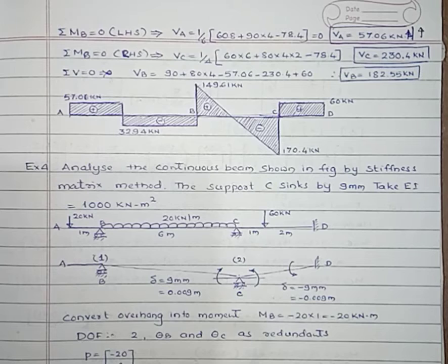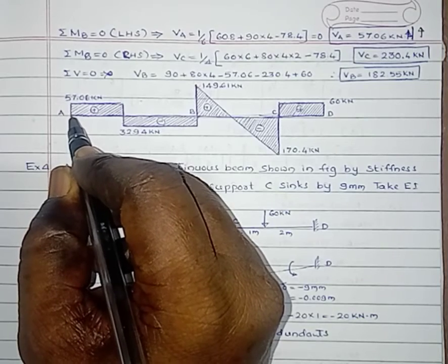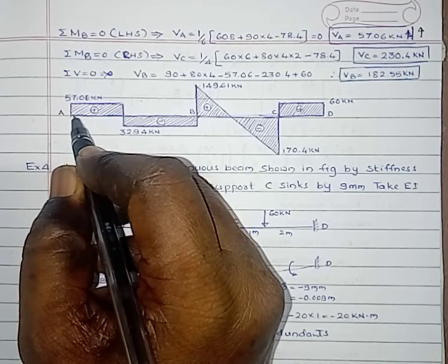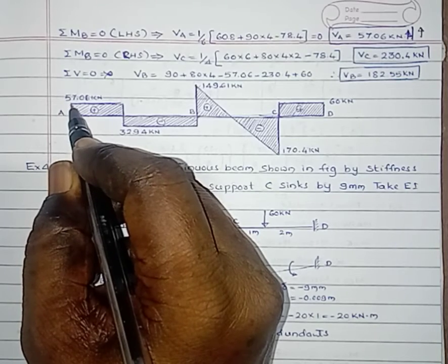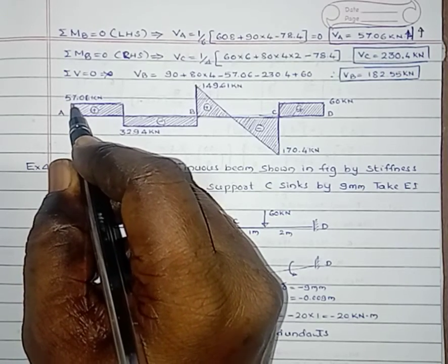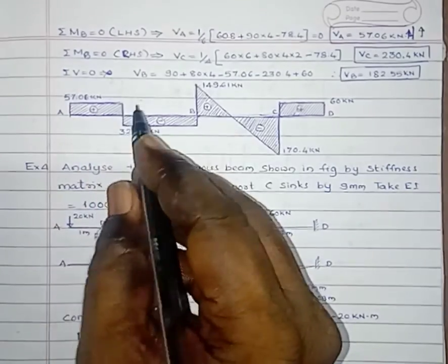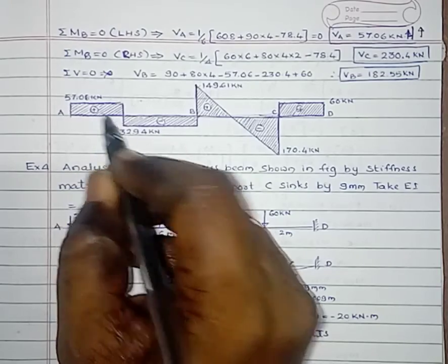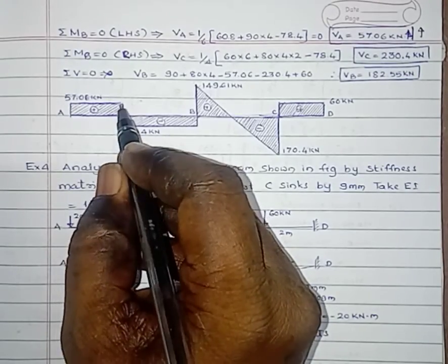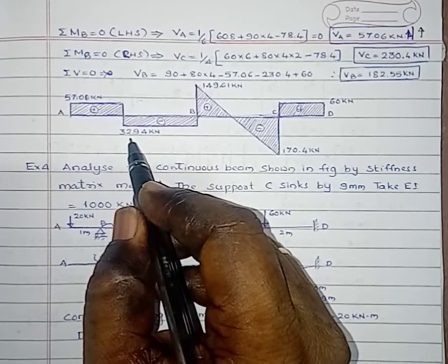Now we can easily draw the shear force diagram for this one. Start from the left; you know that left upward is positive. Here VA is 57.06. From this point to this point, there is a point load of 90 kilonewton, that is downward, so 57.06 minus 90 gives minus 32.94.